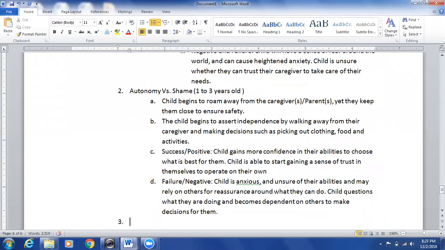Which then leads us into the next one, initiative versus guilt. And this is where we're looking at 3 to 6 years old.